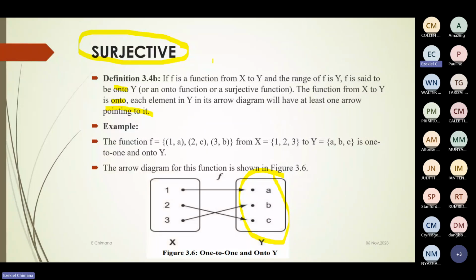So you want to have something like this: maybe 1, 2, 3, and here maybe a 4, a 6, an 8, and maybe another one, 2. Maybe these two point to 6, this one points here, and this one points here. And I want to ask, is this still a surjective function?